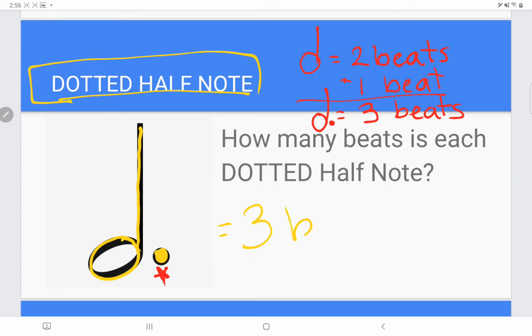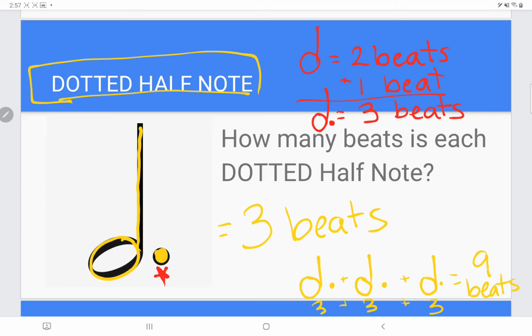My 1 dotted half note is equal to 3 beats. So let's pretend that I had 3 dotted half notes, and I wanted to add all of them up. Well, each one would be worth 3 beats, so this would be 3 plus 3 plus 3, and altogether that would be 9 beats.